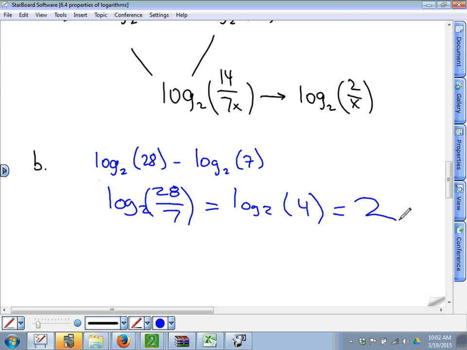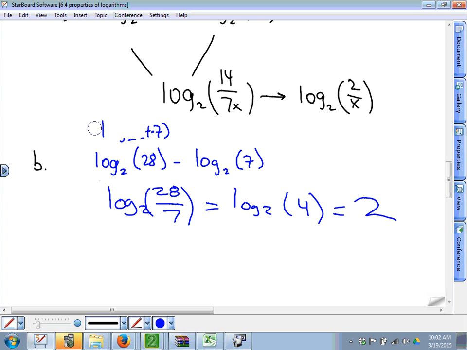But where's the fun in that? Check this out, you guys. I don't know if any of you thought about doing it this way, but is that true? 28 is 4 times 7? Yes or no? Yes. These are multiplying, yes?